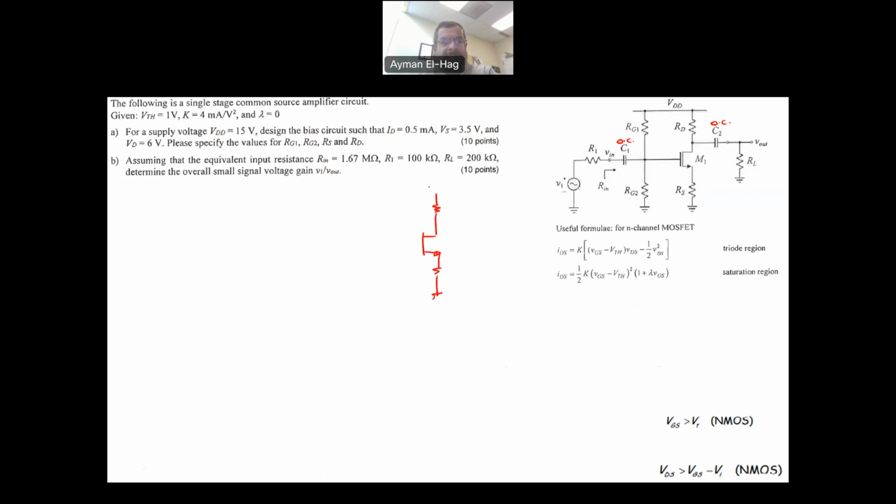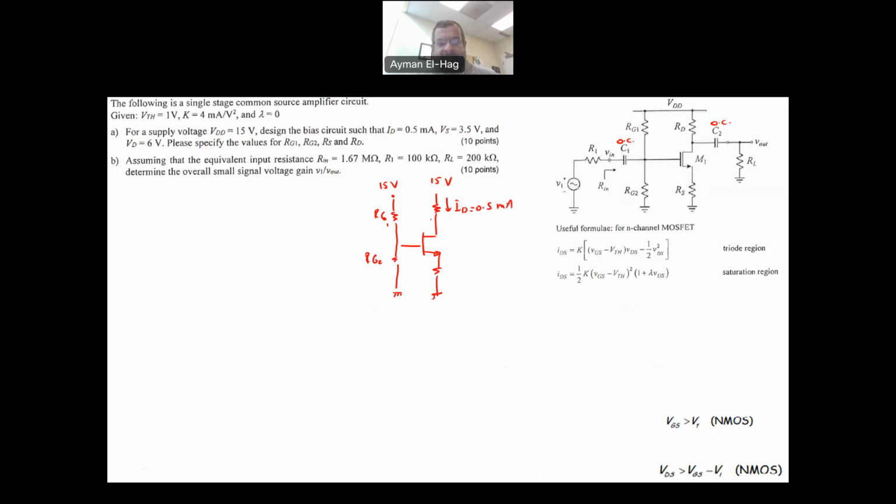We have here VDD, which is given to us as 15 volts. And we have all these resistors connected. This is your RG2, this is your RG1, and this is 15 volts. We are also given ID equal to 0.5 milliamp.